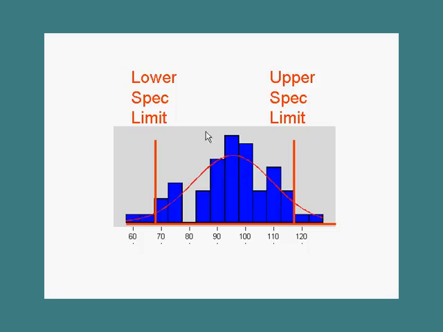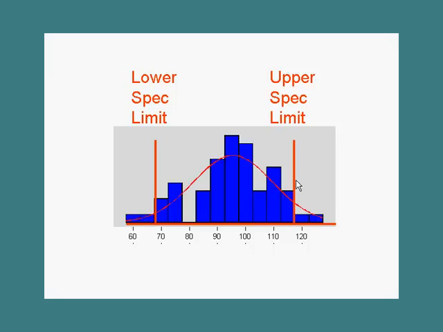Well, what's the voice of the customer? Usually that comes out in spec limits. And the basic idea is fairly simple. If we know the spec limits, and if we know the mean and standard deviation of our process, then we can tell how much of the process is going to be out here in the tails beyond the spec limits.